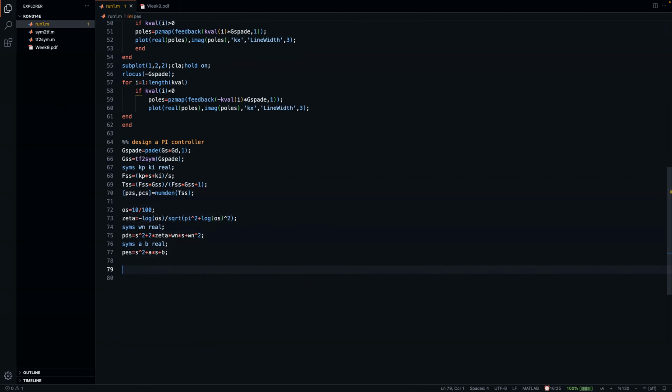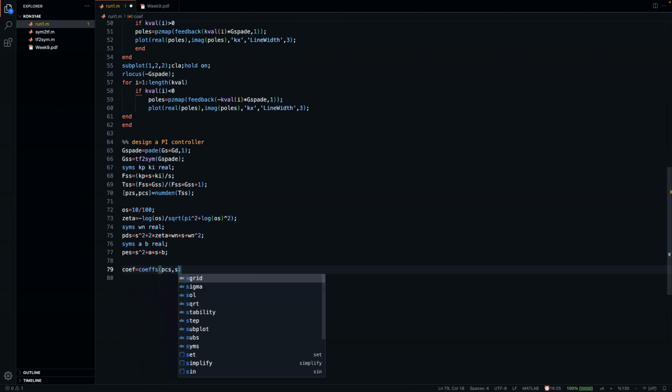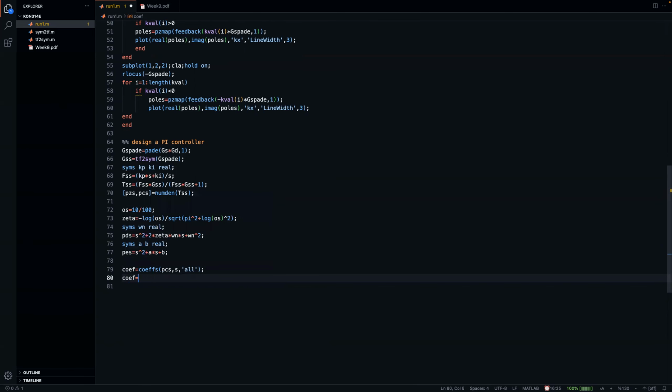Now at this point, I'm going to use coef, which is going to be coefs of PCS as all. I'm going to normalize that because I know that it could have a negative coefficient there.